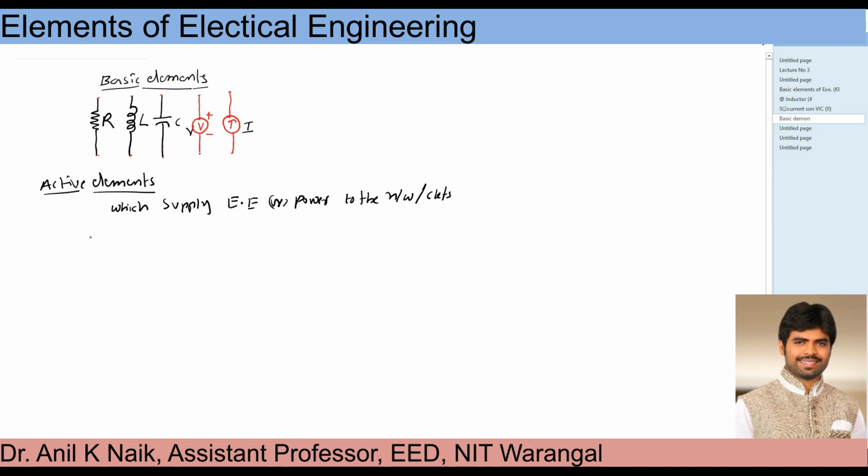So they are the elements which supply electrical energy to the rest of the network. Which are the active elements here? Out of the 5 elements, identify which are the active elements. Here the active elements are the voltage source and the current source.